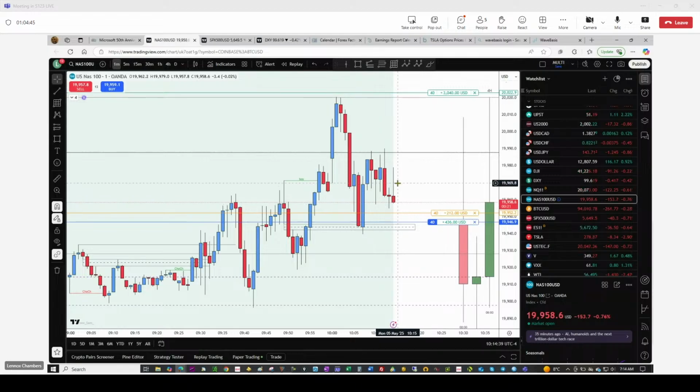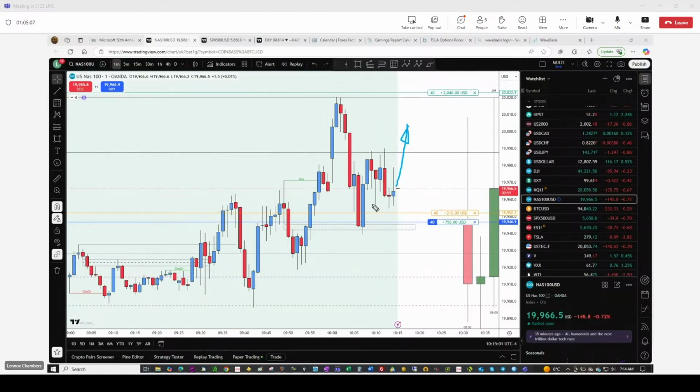And I survived this retrace here on NAS. It's very tight. They can take me out easily now. But I'd like to see them continue up. They've swept these guys out, so they should be okay now for us to continue going up.